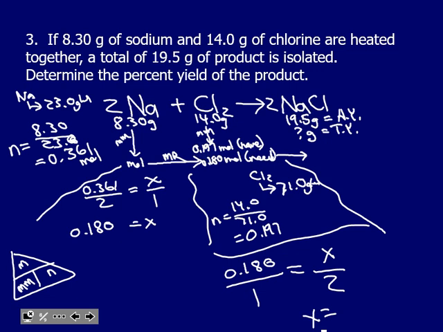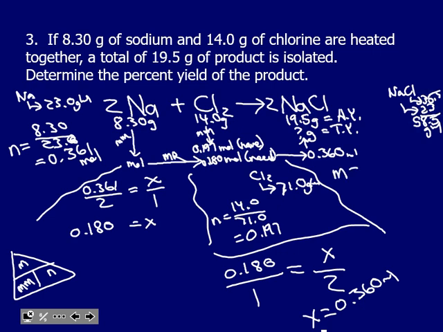And there's that, 0.18 times 2, 0.360 moles. 0.360 moles. And now I need an NaCl molar mass. 35.5 plus 23 is 58.5. That's a terrible 5. 58.5 grams per mole.